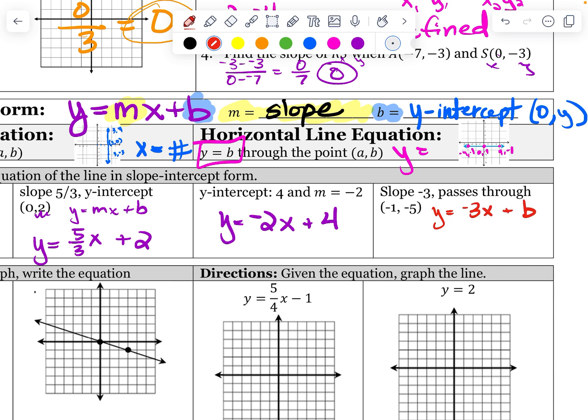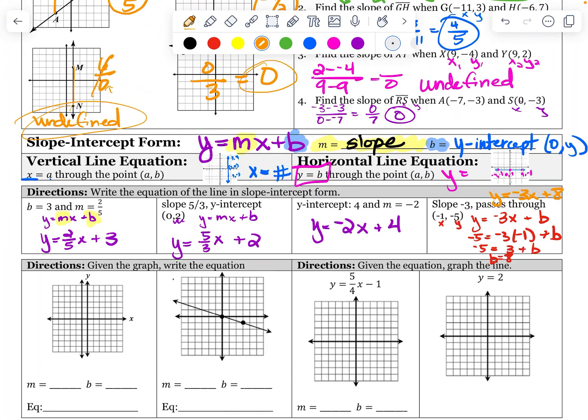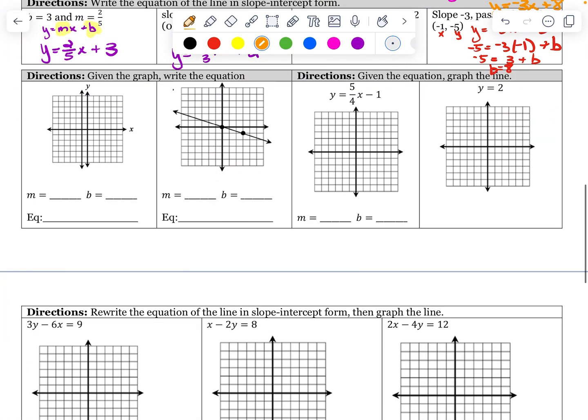We know that's an x and that's a y, so we can plug these in. -5 equals -3 times -1 plus b, and solve for b. -5 equals 3 plus b. Minus 5 on both sides, so b equals 8. And we can actually write the equation now. Y equals -3x plus 8. I am probably going to skip that one in class, but if you want to go above and beyond.